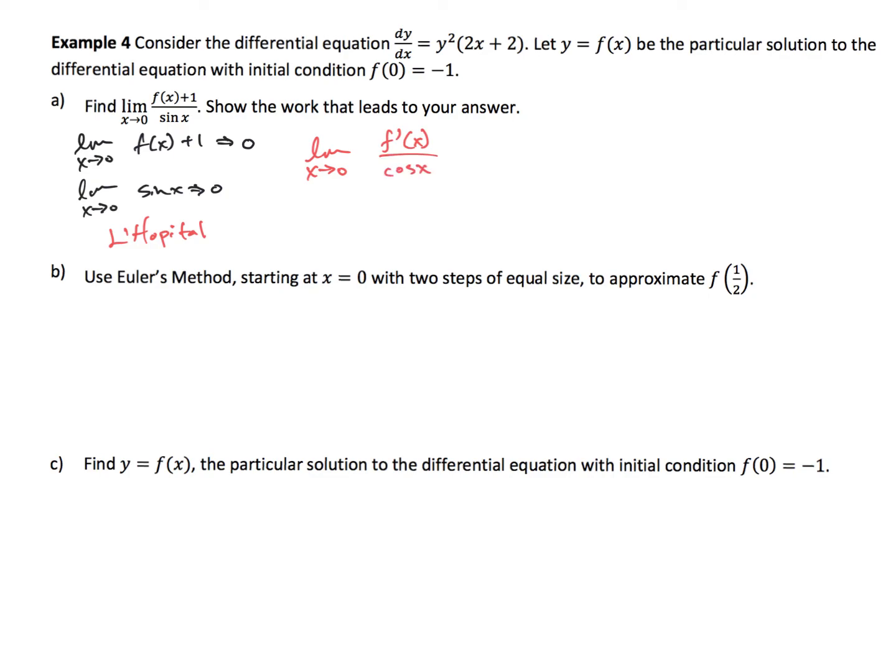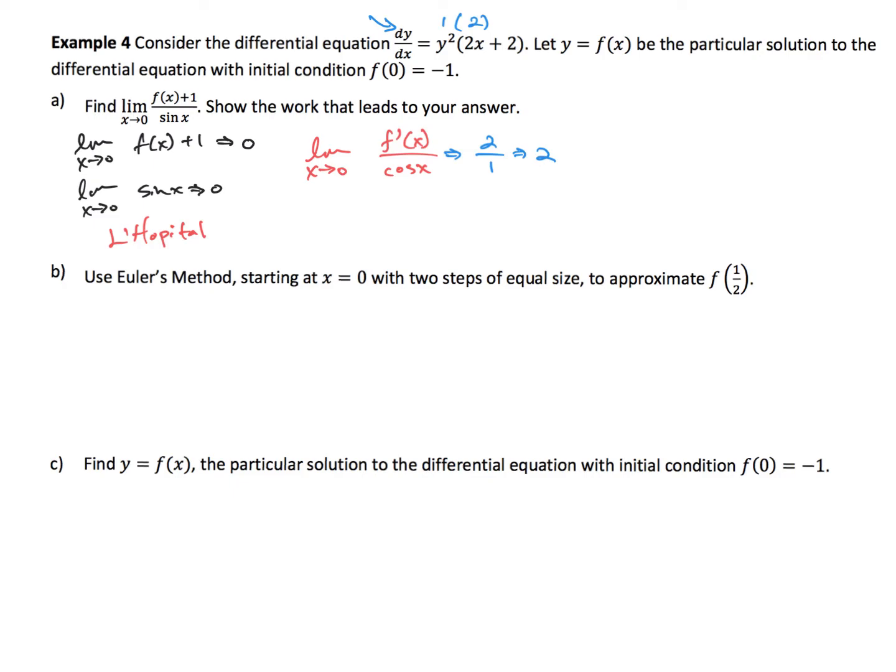Now, what is f prime basically doing? Using that differential. All right. So what is my y? -1. So now I have -1 quantity squared, which is 1, and then times 2. So what do I get in my numerator? 2 over, what is the cosine of 0? 1, so 2 over 1 is 2. All right, pretty good? Awesome.